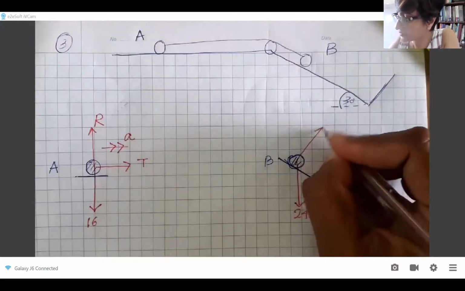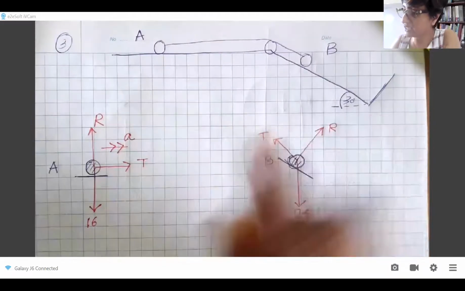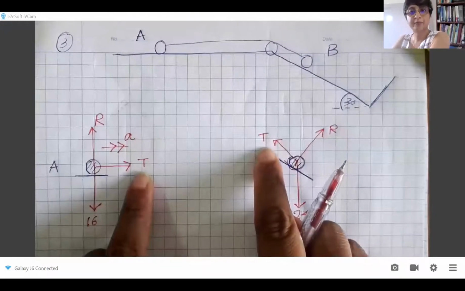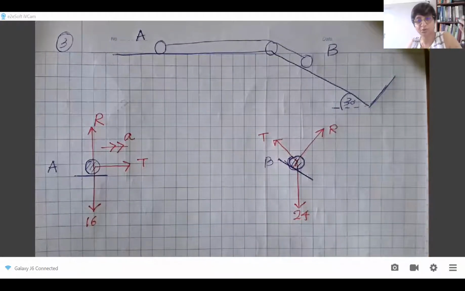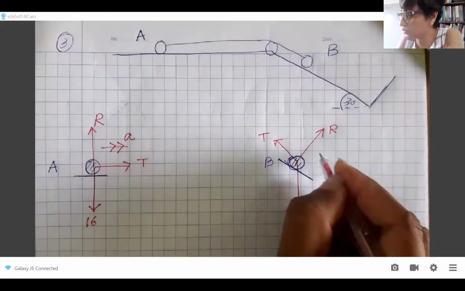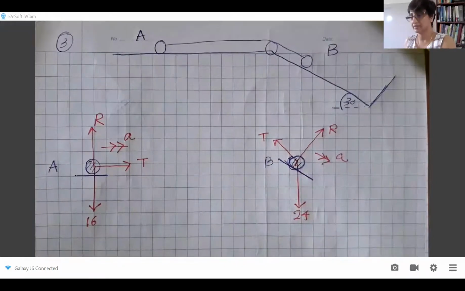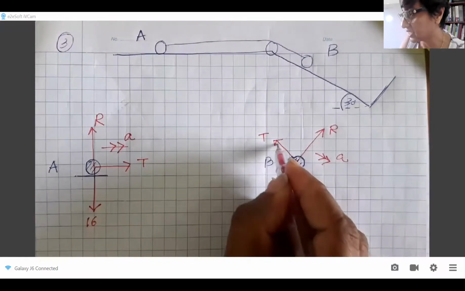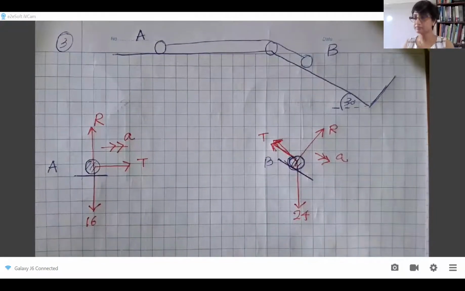Reaction, R. Tension, same T. It's the same string, same tension. Both particles would feel the same pull, same T, and this is moving this way. This is parallel to the surface.